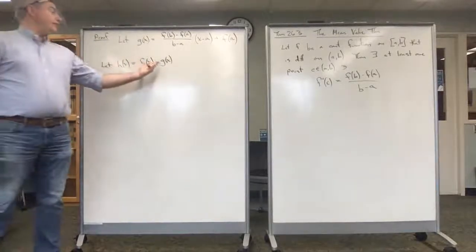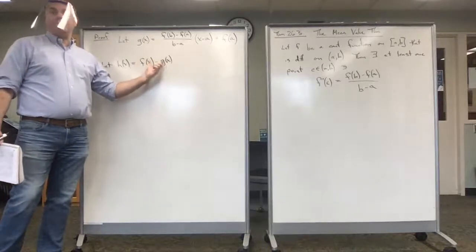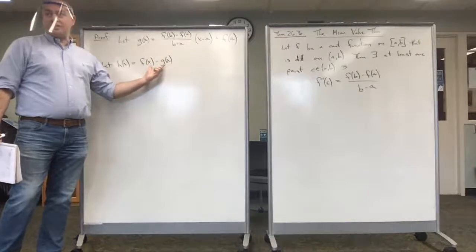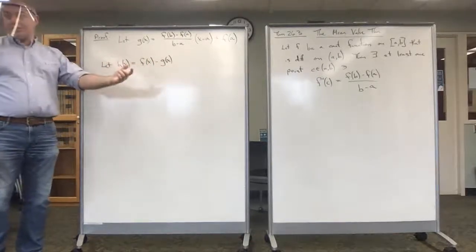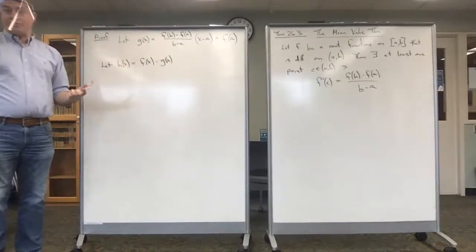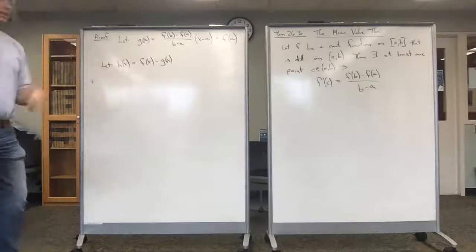Both of these are continuous, so their difference is continuous. Both of them are differentiable, so their difference is differentiable. So this function h of x is continuous on the closed interval and differentiable on the open interval. So it has all the properties that we like.